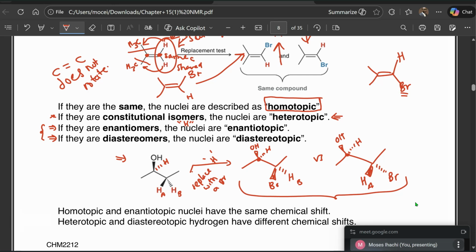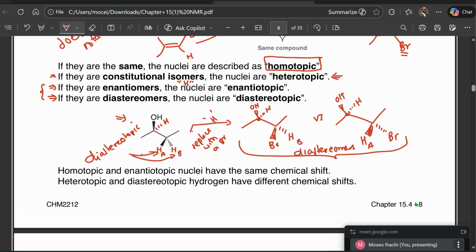This is kept, these are switched. So these are diastereomers. And because you form diastereomers, then we say A and B are diastereotopic. Thank you. Nobody will explain that to you as easily as that, but that's what it is.